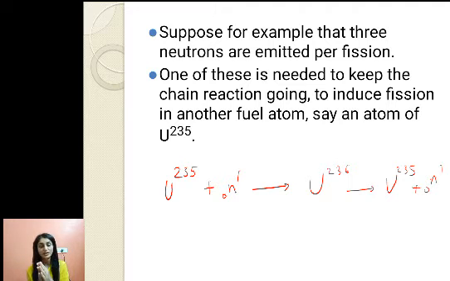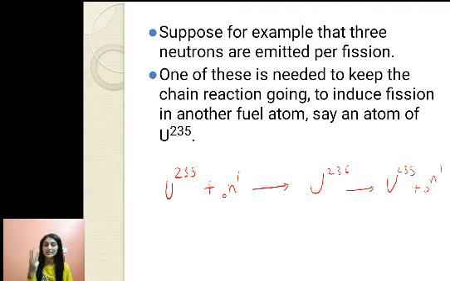Uranium 235 interacts with a neutron and produces the compound nucleus uranium 236, which undergoes fission into barium and krypton, and along with that 3 neutrons are emitted. One of these neutrons has to combine with another uranium 235 atom to cause fission. Then only the chain reaction will go on.